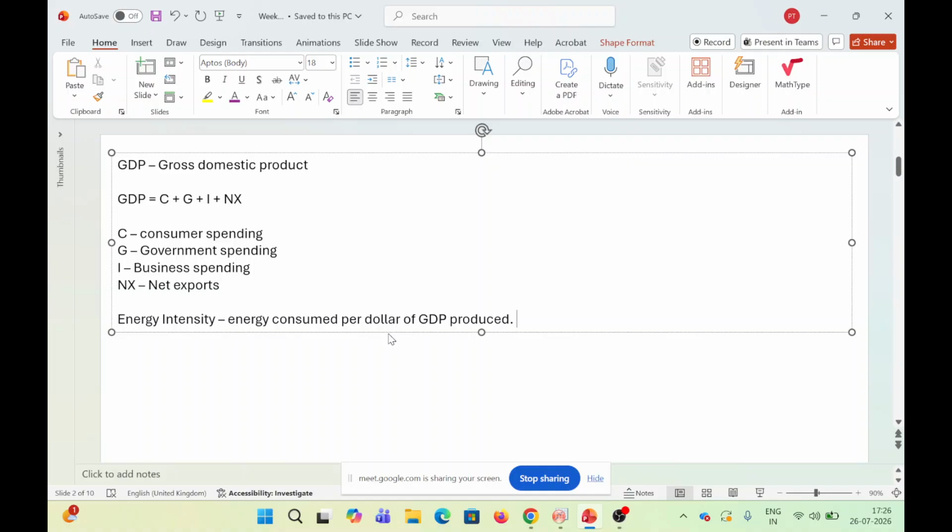So it gives us an idea of how much energy is getting produced and how much we are using. It provides an estimate of the efficiency with which energy is being produced and used up within a country. So for understanding that, we rely on these two variables: GDP, gross domestic product, and energy intensity.